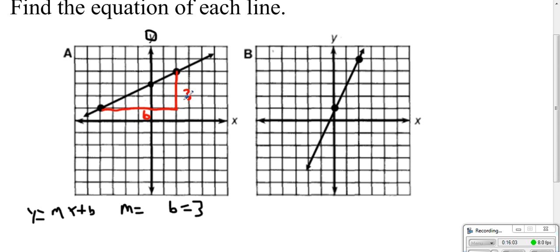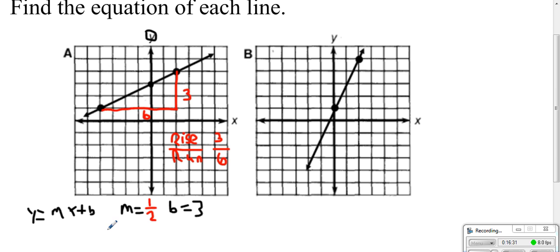That's a positive 3. It goes up. So it's rise over run. A lot of people confuse it. The rise is 3. The run is 6. That's not good enough. You have to reduce that. You're in the 8th grade. It's 1 over 2. So that's the slope.